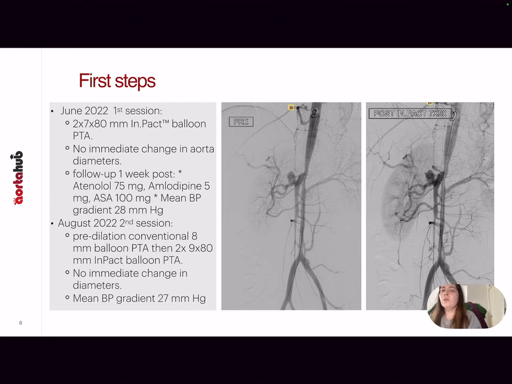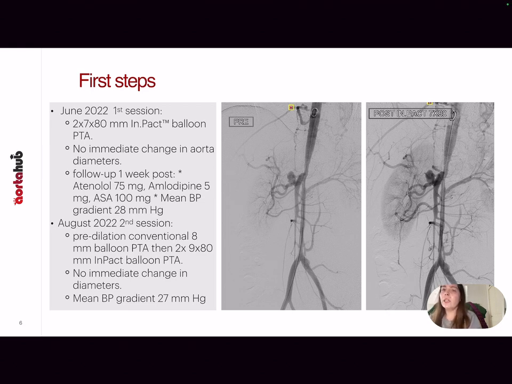During the first session, we did not perform any pre-dilation with any conventional balloons. We went ahead and did balloon angioplasty with the paclitaxel coated balloon. We used initially two 7 by 80 balloons, taking into account that his aorta had a maximum diameter of 7 millimeters.